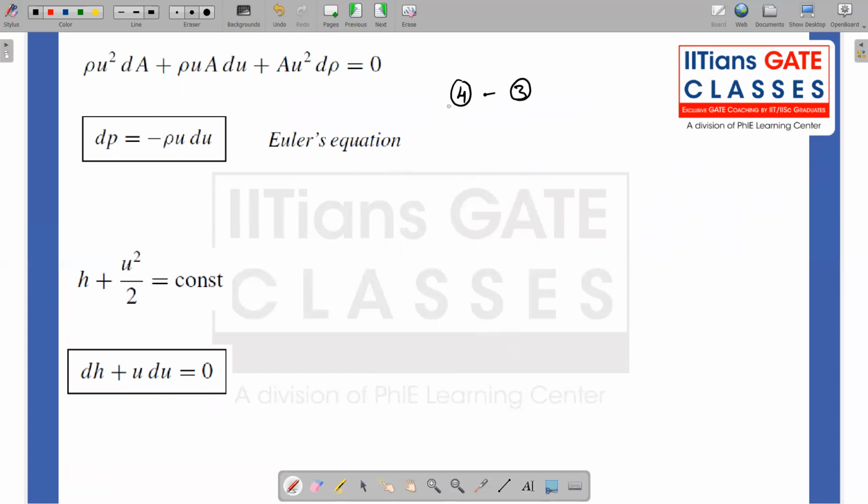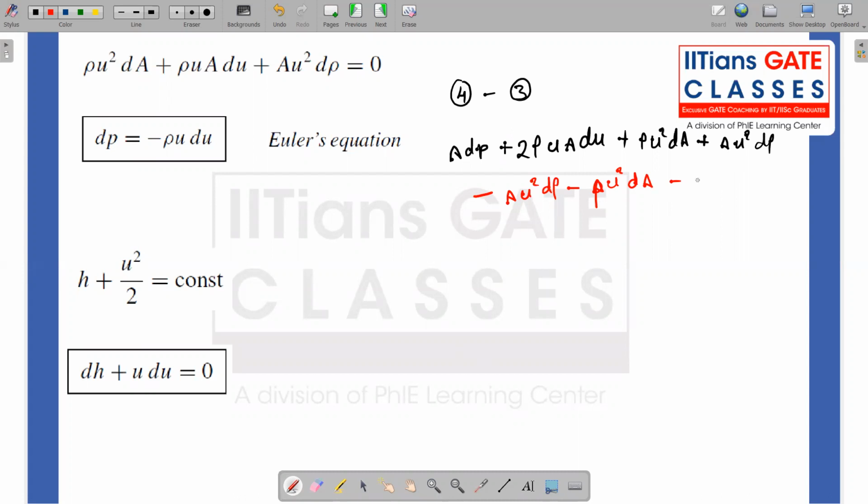So in equation 4 I had A dP plus 2 rho u A du plus rho u square dA plus A u square d rho, and in equation 3 I am going to subtract it: minus A u square d rho, minus rho u square dA, minus rho u A du, right? So the right hand side is equal to 0.